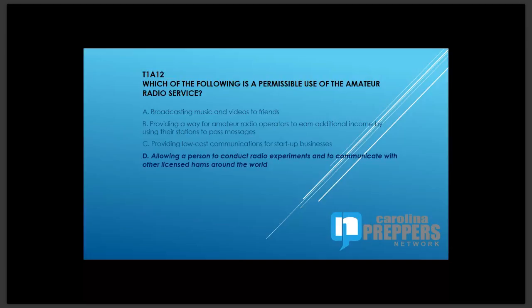Providing low-cost communication to startup businesses. Again, you can't use amateur radio for financial gain, and you can't use it to run a business. A pizza delivery shop, Luigi's Pizza, can't use it to talk to his drivers.